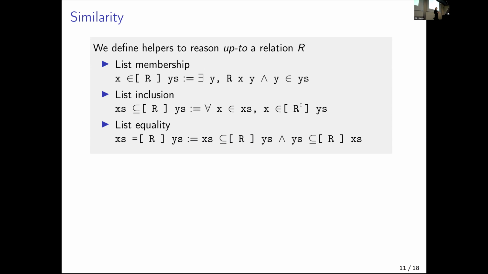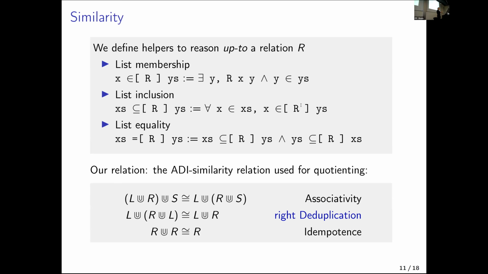I say that we're going to have to talk about some similarity relation, and on the very first slide, I also mentioned that there are two different match semantics. So first, there are some helper functions to help us with the reasoning up to some relation, which are list membership, inclusion, and equality.